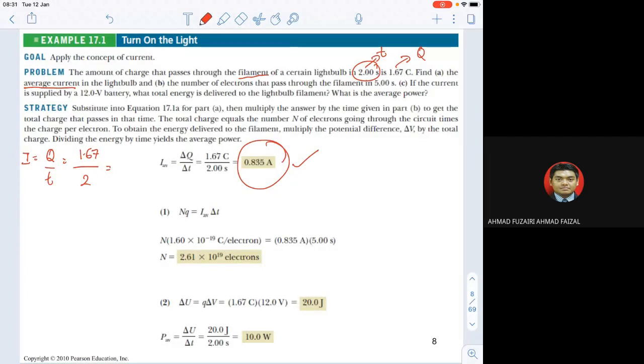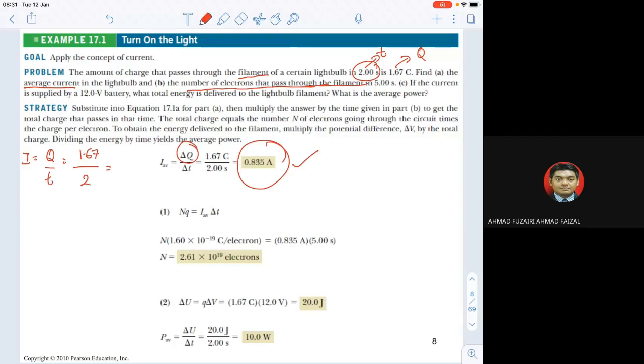Find the number of electrons that pass through the filament. If you want to know about the number of electrons, we cannot easily get it with Q, because Q is the magnitude of charge. When it comes to the number of electrons, remember this one will focus on the microscopic view.